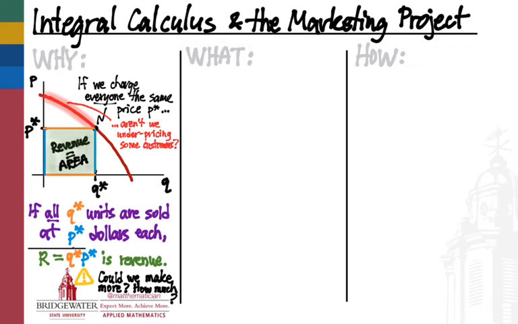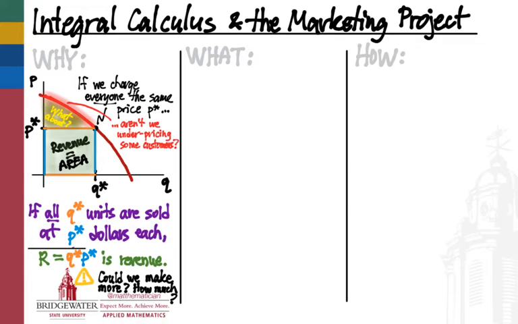Could we make some more revenue by charging some people more than others? Right? And if we could do that, how much extra revenue could we get out of that process? That total amount of extra revenue that's up there is called the consumer surplus. And the goal of our last step in the project is to determine how large that consumer surplus is.